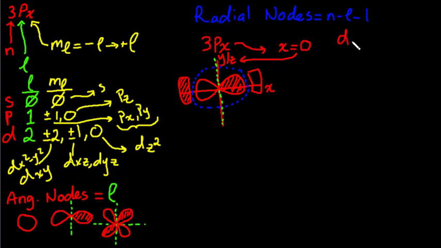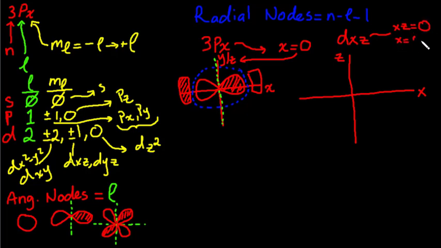Let's take a look at another example. So we have dxz. In this case, we know it's a d orbital, and we know that the value of L is 2, so we have 2 angular nodes. The angular nodes are, if we set x equal to 0, we have a plane at x equals 0 and a plane at y equal 0.